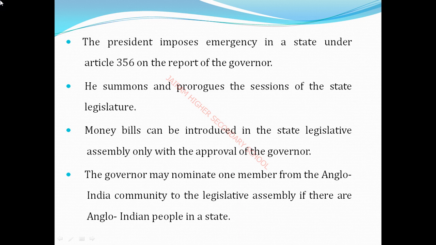And next, money bill. See here, the third sentence, money bill. A money bill can be introduced in the state legislature. Money bill means the funds which are granted, money. In Tamil, it can be said as nidhi valangaradu. That is, money bills can be introduced in the state legislature.